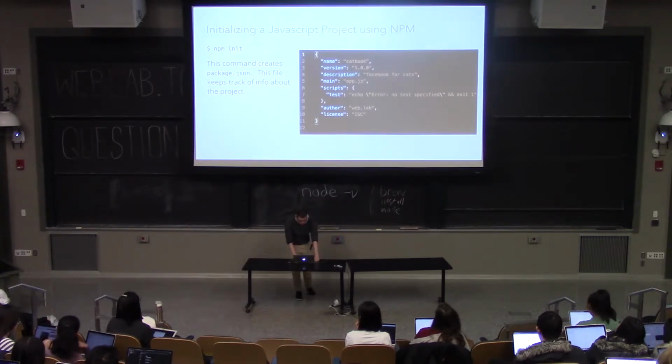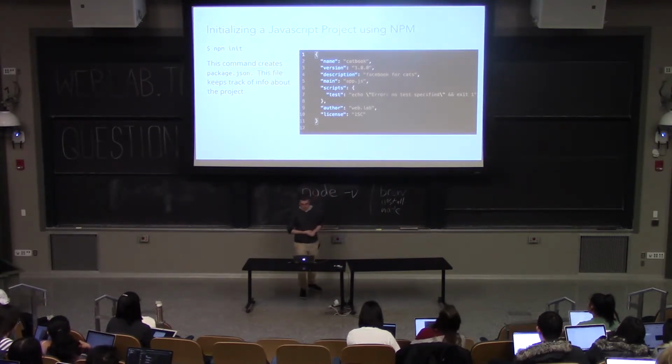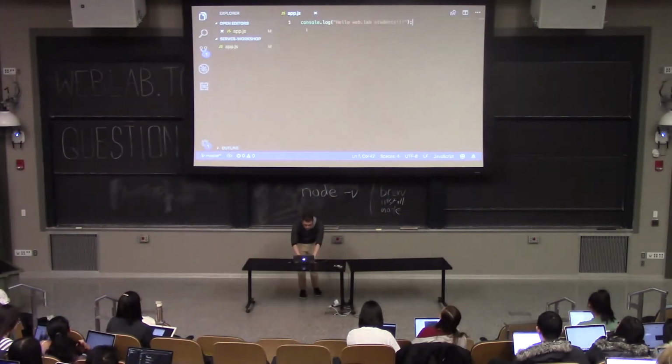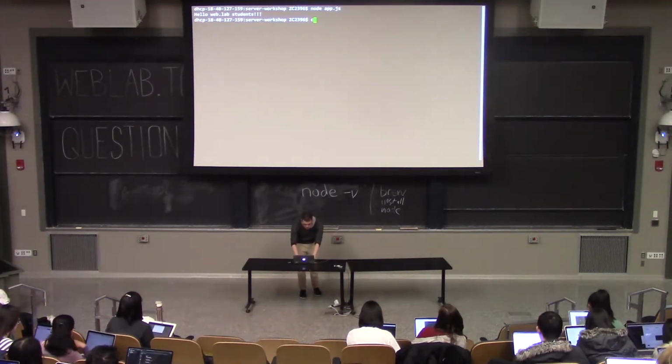What we're going to do now is use the Node Package Manager to take the server that we're trying to set up, and allow it to get the libraries that we actually need to build this server. To do that, we want to make sure that we're in the repo.